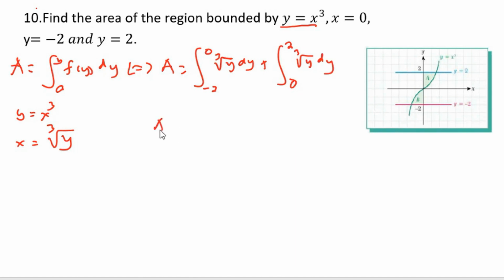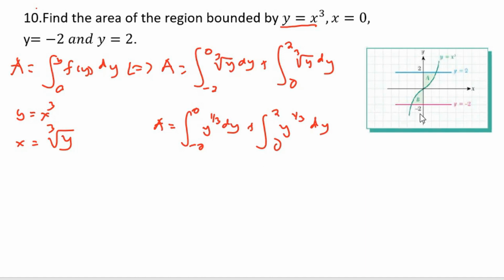Now we are going to simplify that one. So we have y to the power of 1/3 dy. I'm just rewriting from radical form into a fractional exponent. So from -2 to 0 plus y to the power of 1/3 dy from 0 to +2.